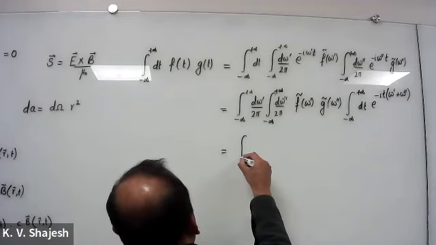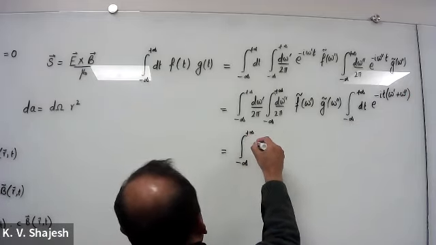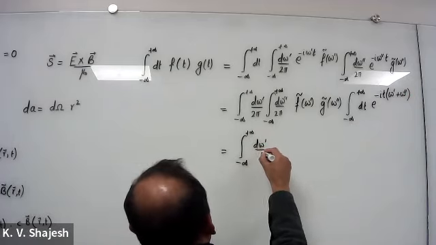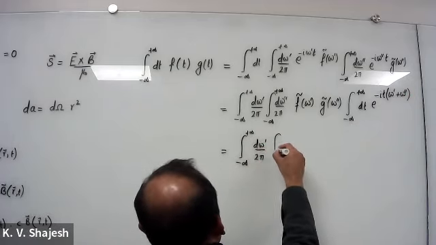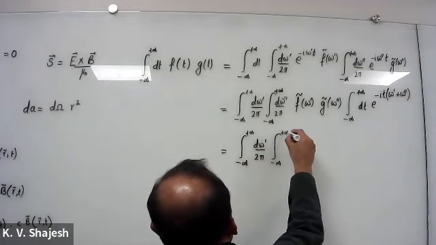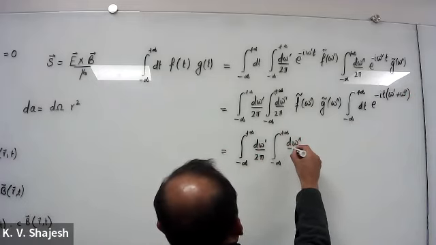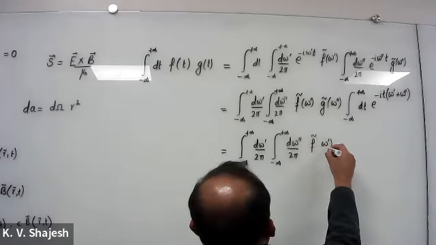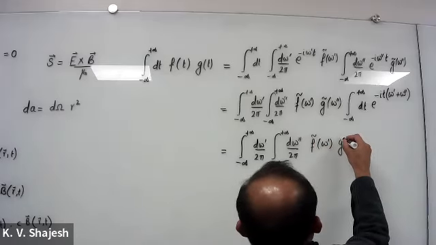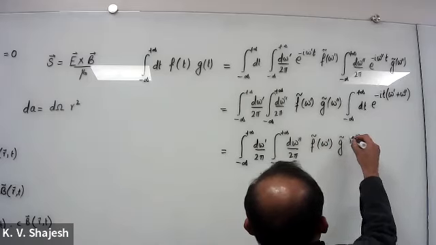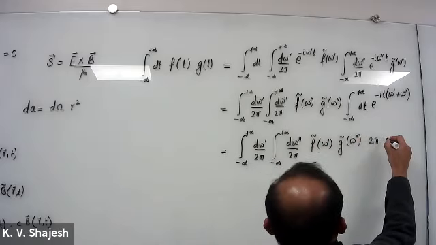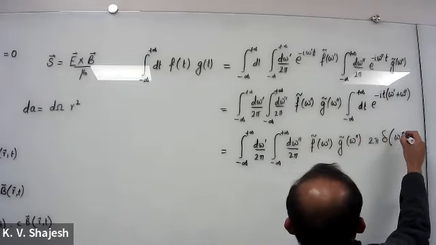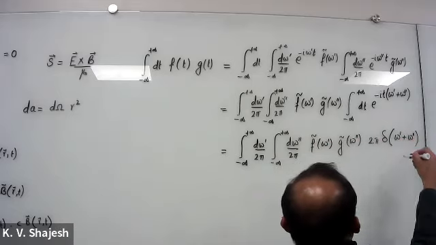That's equal to the integral d omega prime over 2 pi, d omega double prime over 2 pi, f tilde of omega prime, g tilde of omega double prime, and that's 2 pi times the delta function of omega prime plus omega double prime.